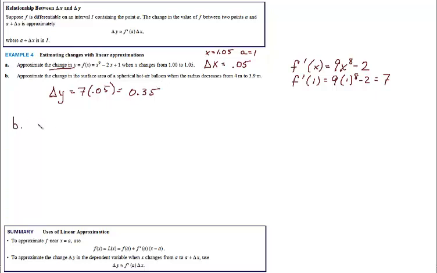So the B part, the surface area of a sphere is S equals 4 pi r squared. And I want to know the change in S when the radius goes from 4 meters to 3.9, so that means I want to know when it decreases by 0.1 meters.